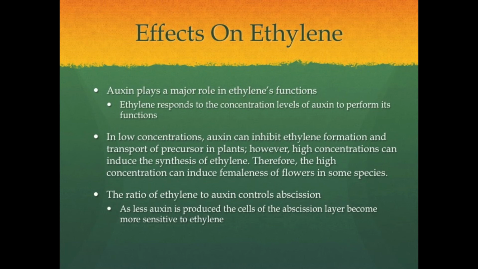Also, auxin concentrations determine plant abscission. Abscission is basically when a plant sheds its leaves. The auxin plays into the ability of ethylene to function yet again. If there's less auxin in the plant, still requiring at least some level of auxin though, the cells on the abscission layer of the plant become more sensitive to ethylene and are thus able to drop.